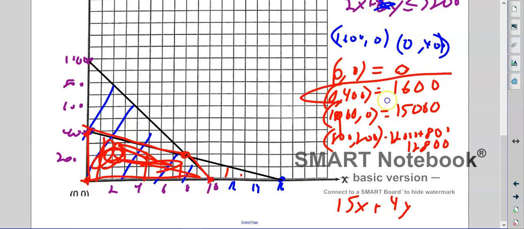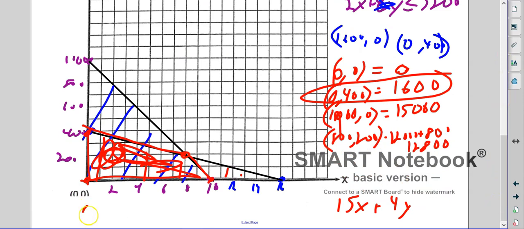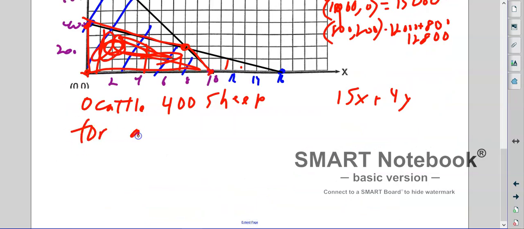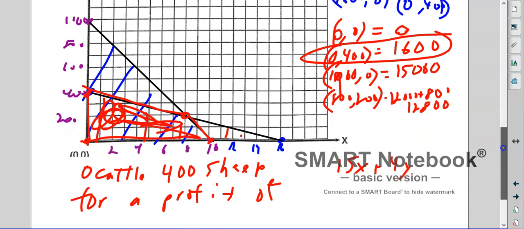So our maximum is actually right here at 0, 400, which means 0 cattle and all sheep. 400 sheep. For a profit of, oh wait, my bad, that was 1,600.